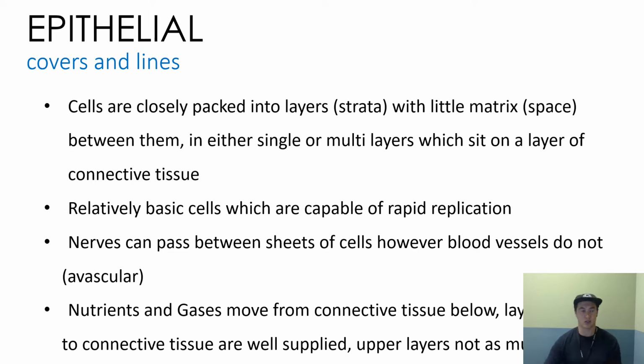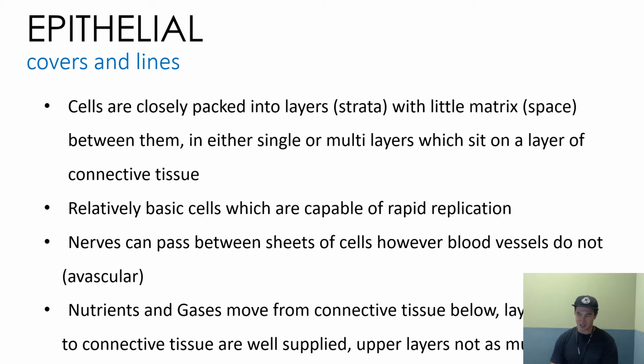These are relatively basic cells capable of rapid replication, so mitosis, or cell splitting and growing. Nerves can pass between sheets of cells, however blood vessels do not. So epithelial tissue is generally avascular. Avascular meaning it doesn't have access to blood vessels, meaning no direct access to nutrients.